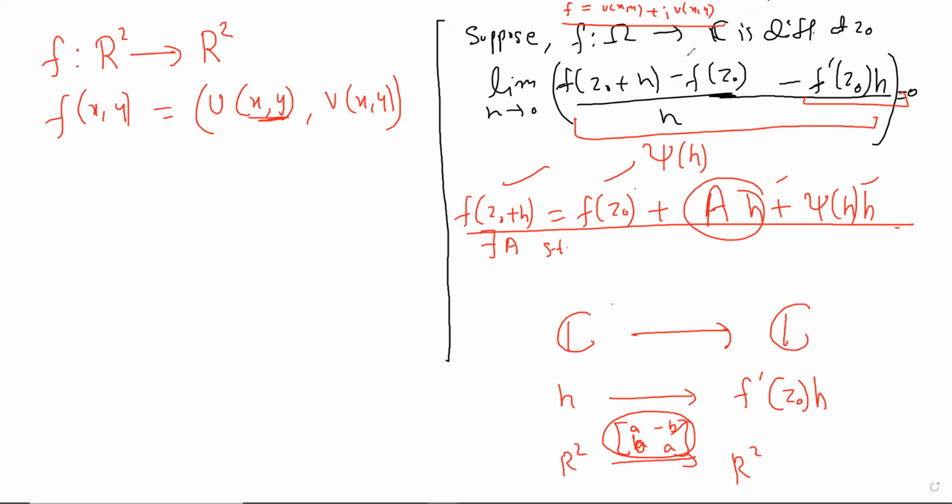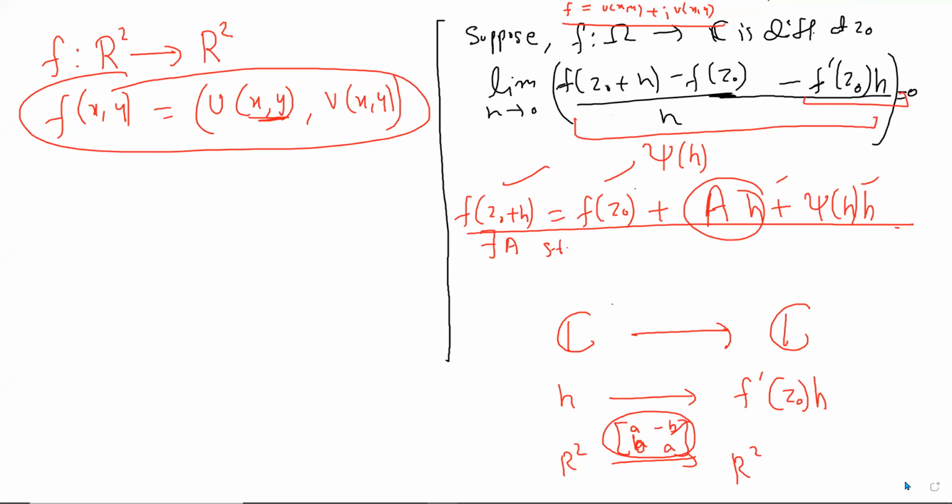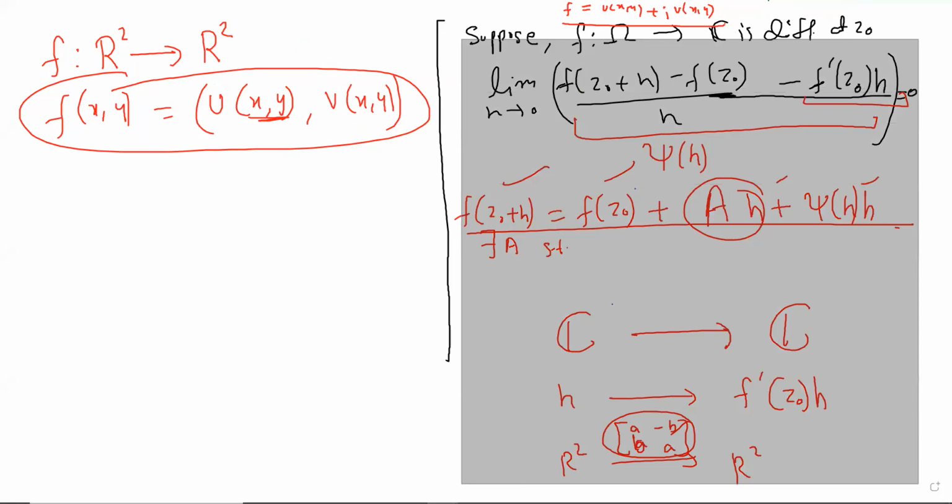I have to put the i there because I'm looking at it as a complex thing. So now I want to understand what it means for this kind of function to be differentiable. I'm not going to write out a definition straight away, but we are going to motivate the definition. Because again, there are many kinds of derivatives, as we had seen in the real case, and it really depends on what you want to compute.